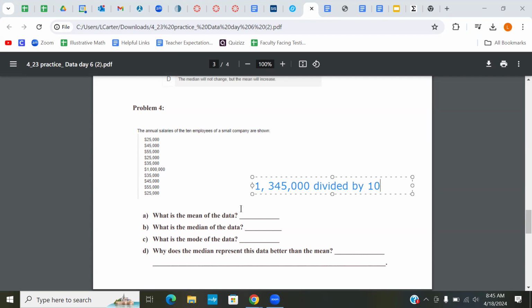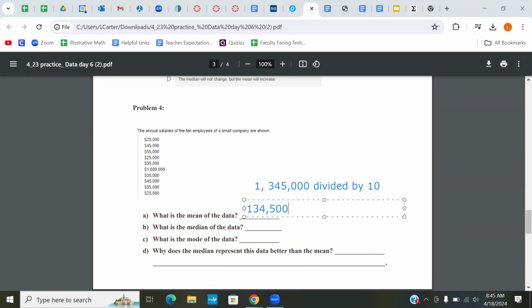Which gives us a mean of 134,500. That's the average salary, but that's not really average for this company because it's being skewed by the CEO's salary.